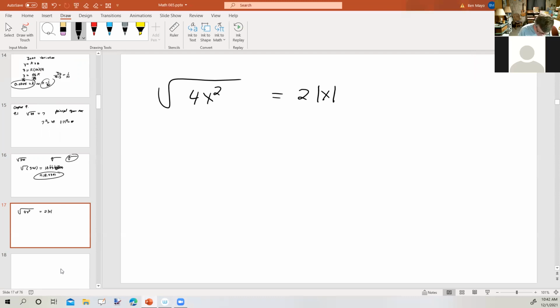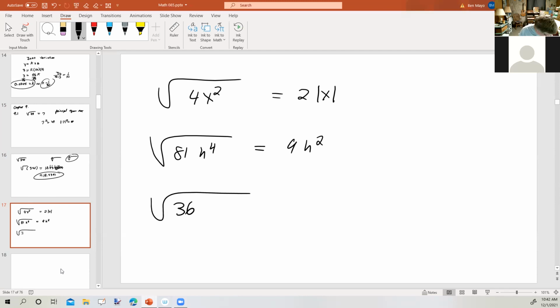Let's see, suppose I've got the square root of 81h to the 4th, that would be 9h squared. Now, again, it says the variable is unrestricted. However, since h is being squared, even if h is negative, a negative times a negative would be a positive. So we don't need absolute value bars there.